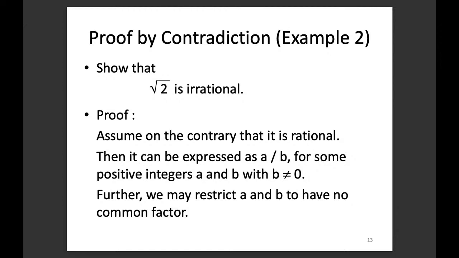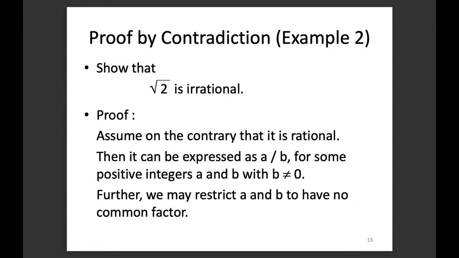What is meant by rational and irrational? A number is rational if it can be expressed as a ratio of two integers. Otherwise, it is not rational, or it is irrational. For instance, the number 7 is rational because you can express it as 7 divided by 1.